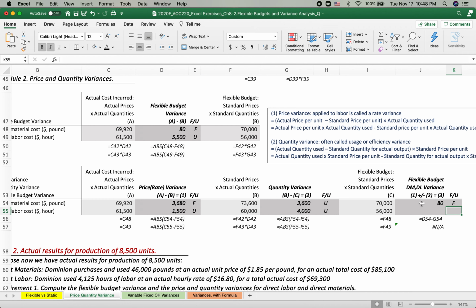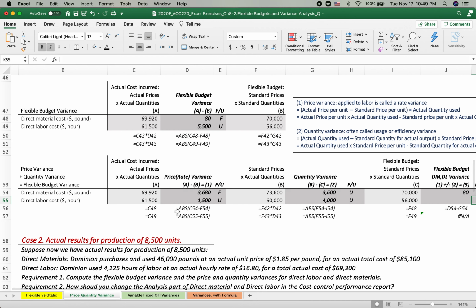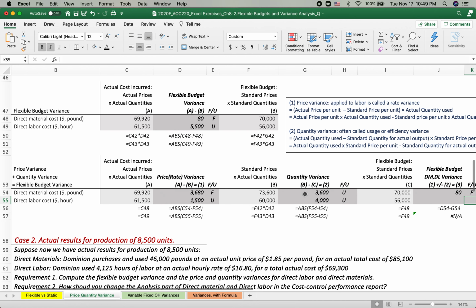The price variance favorable means the company used lower cost material, cheap materials, but the company used a huge amount of these raw materials. That's why this unfavorable result comes out.